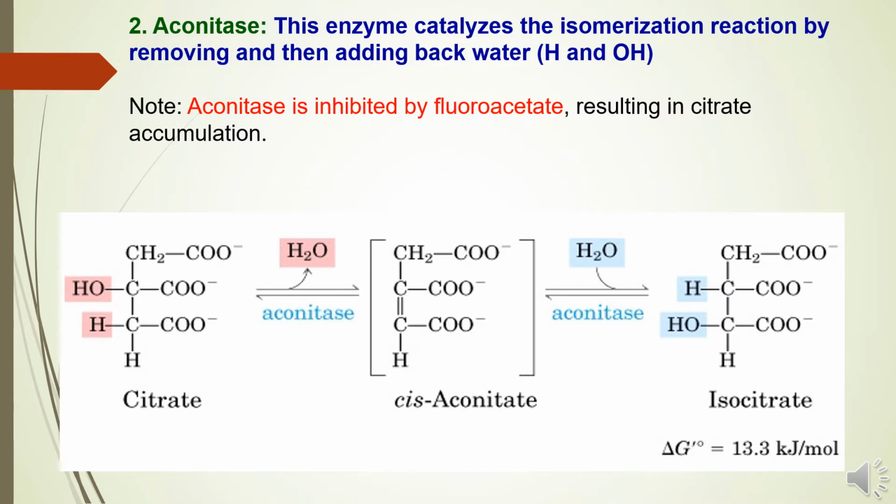Aconitase enzyme is inhibited by fluoroacetate, and this will result in citrate accumulation. So this substance is an inhibitor of citric acid cycle.